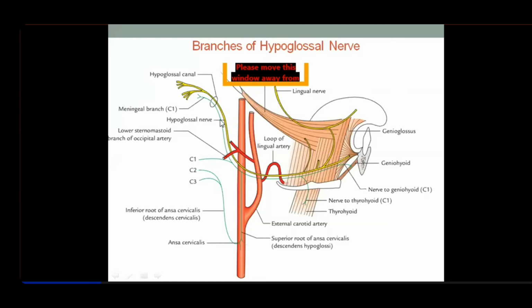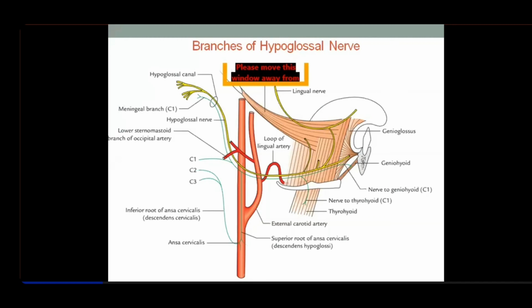Now look here about the branches, right? As I told you, the first branch will be a meningeal branch. But again, because it's not a direct branch, let's divide it into two ways. First, the branches of the hypoglossal nerve which carry the fibers from the hypoglossal nerve nucleus.